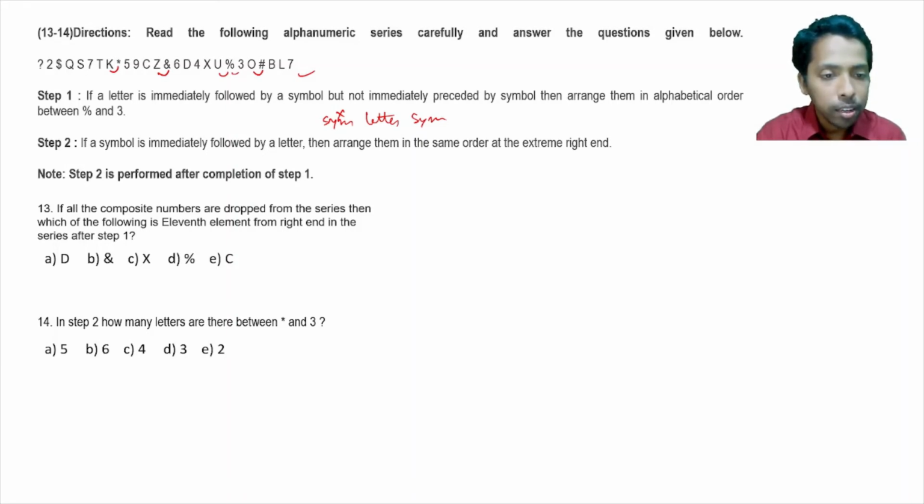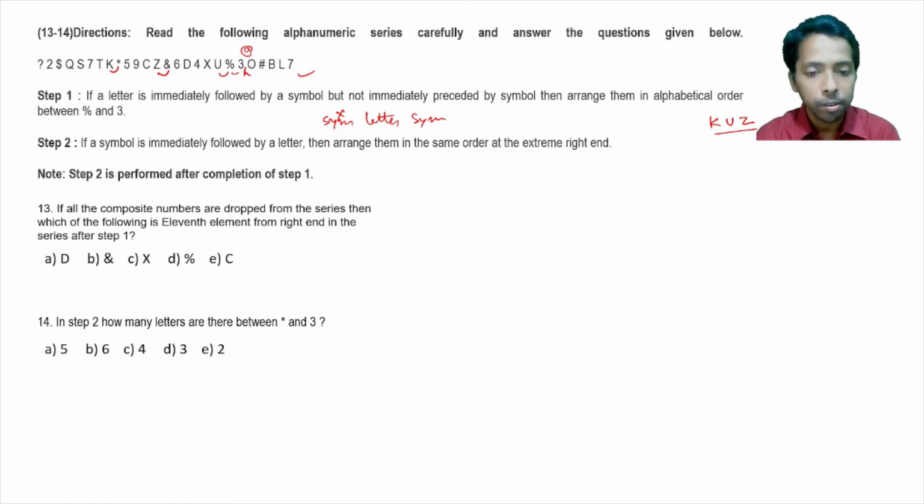Here is 1 at the rate. Just add it here. This is 1 at the rate, so this can't be counted. So only K, Z and U, and arrange them in alphabetical order. That means K, U and Z. This is the alphabetical order between percentile and 3.